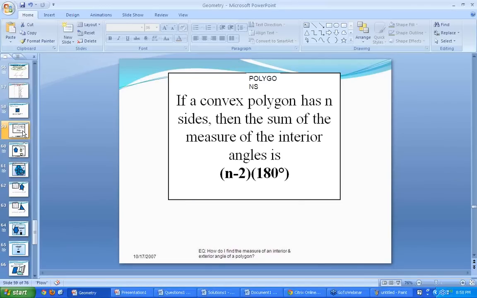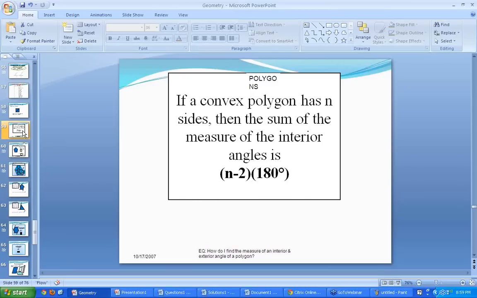What is a convex polygon? A convex polygon is a polygon. Definition I will come to later, but for the time being, all the polygons which you come across will be convex polygons only. I don't think any question has been asked on concave polygons till now in CAT.